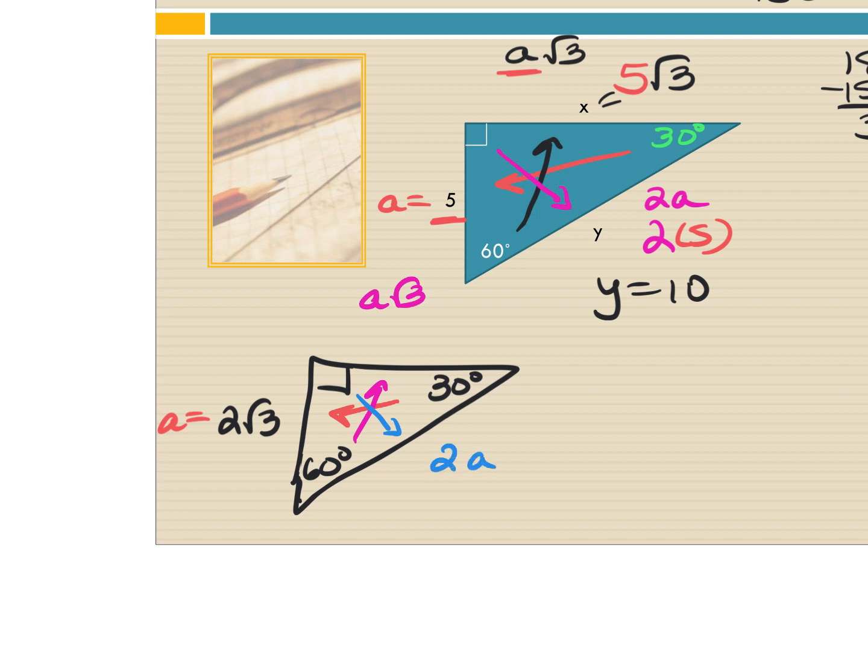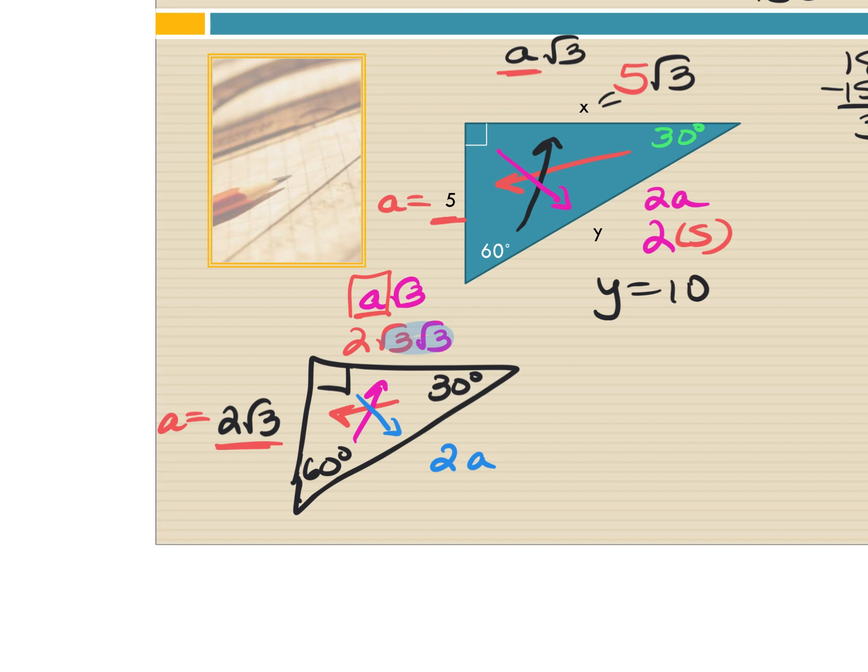My A value is 2 square root 3. To get the side across from the 60, I need to take out this A and replace it with 2 square root 3. Now that side still also has square root 3. Recognize that you've got a pair of square root 3's, so that 3 will come out of the radical.